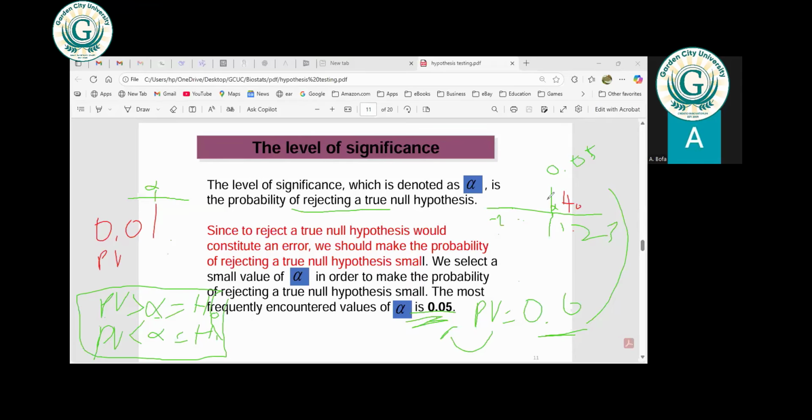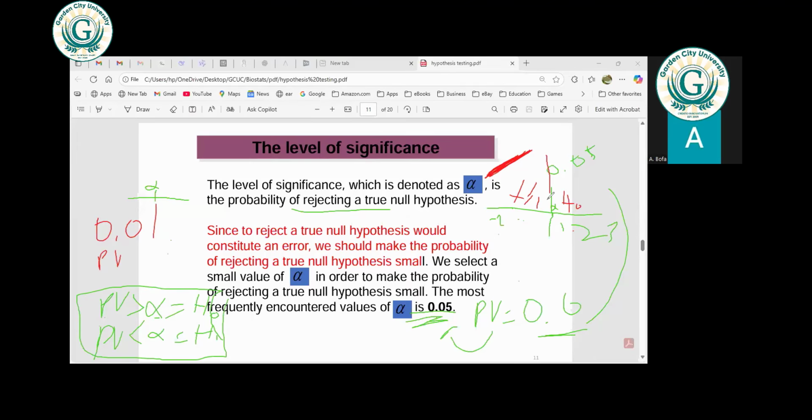And so on the left-hand side, from the general rule, I can write H1 here. What it means is, any value that is less than alpha is going to fall on this side. Once it's falling here, we can say that we are going for H1.